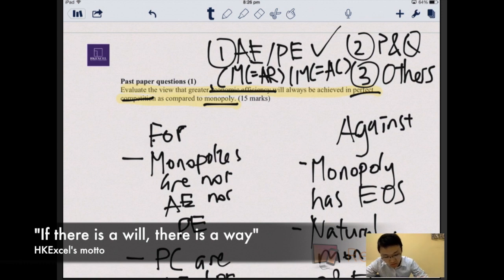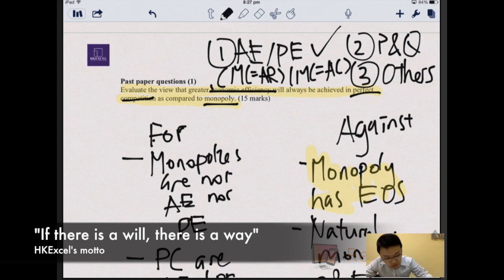So this would be an argument against the statement, because it is saying that monopoly could actually be better than perfect competition. And that's possible with economies of scale. I'll repeat again: it lowers the cost and therefore lowers prices. That's another argument in terms of price and quantity.